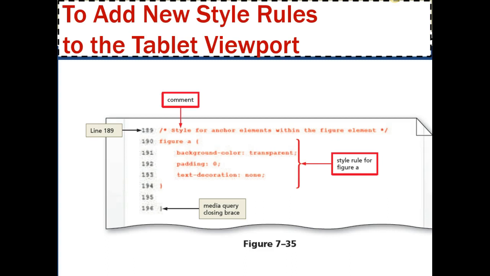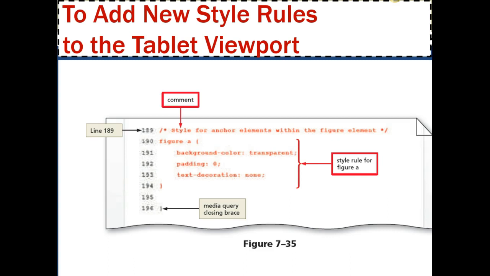So some of the things that you want to add in here, for the tablet viewport, you want to add the style. Of course, that's the comment that you're adding in there. And then you want to put figure a. This is the style rule for the figure. And you want to use the background color and the padding set to 0 and text decoration set to none.